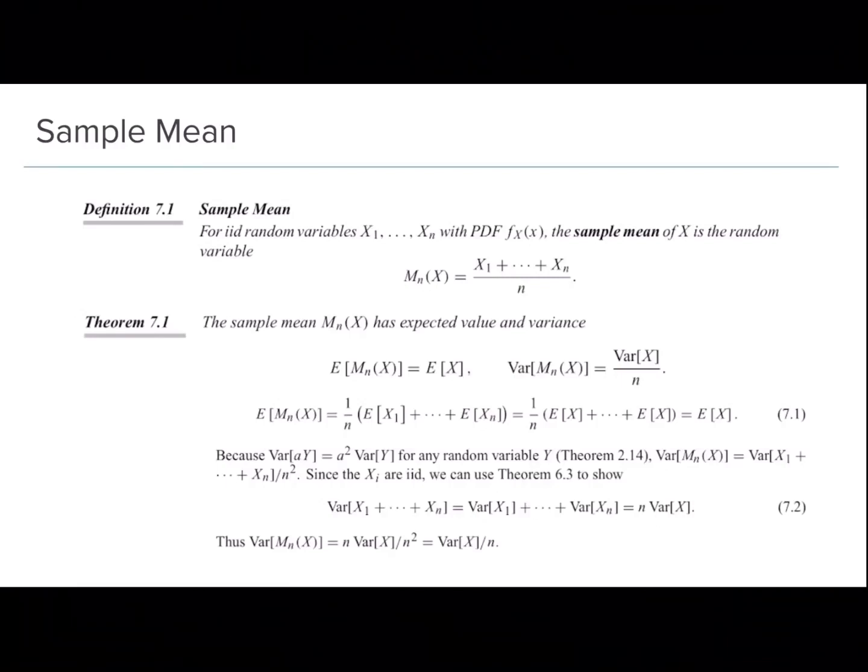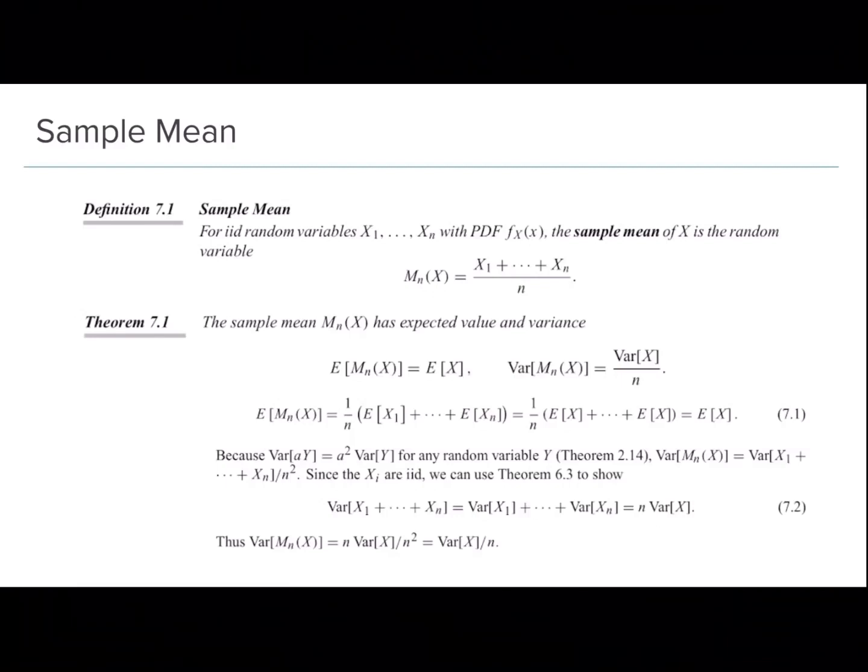When we have a constant multiplied by a random variable and we try to evaluate the variance, we have the relation that Var[aY] is equal to a squared times Var[Y].